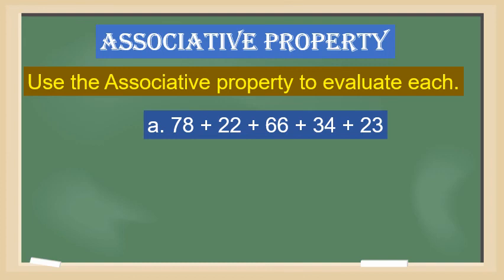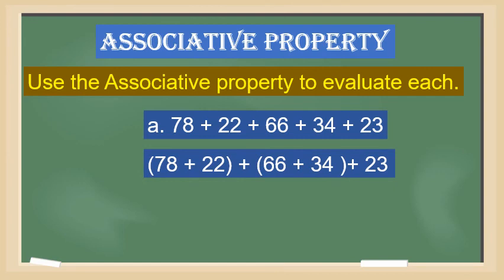Ato silang i-grupo-grupo atong unahon pag add. So, first, unahon nato si 78 plus 22. And then, ato siyang ibutang og isa ka parenthesis plus, i-parenthesis na po nato si 66 plus 34. Isa na po siya ka grupo. And then, si 23 dayon. Wala na grupo si 23.